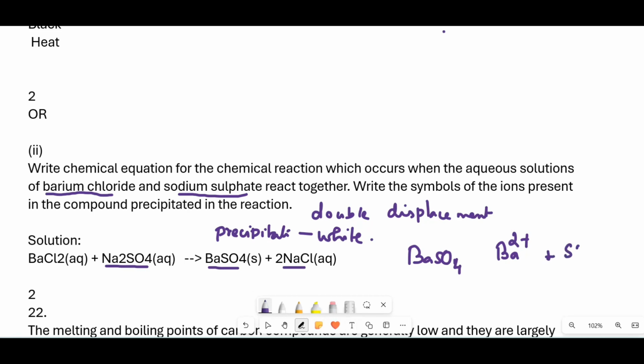This is the ionic equation or ions formed during the precipitation. Barium has valency 2, so we are supposed to write Ba2 plus, and these 2 electrons are accepted by SO4, so you should write 2 minus. Ba2 plus and SO4 2 minus are the ions present in the compound precipitated in the reaction. Okay, this will have 2 marks.